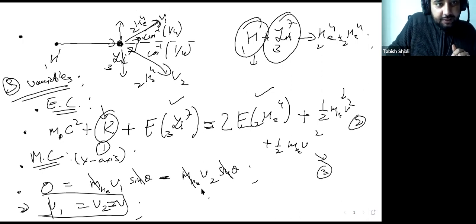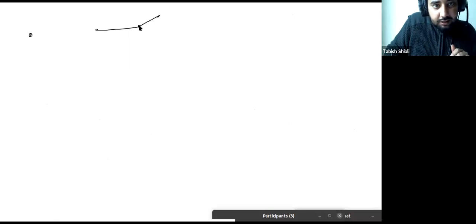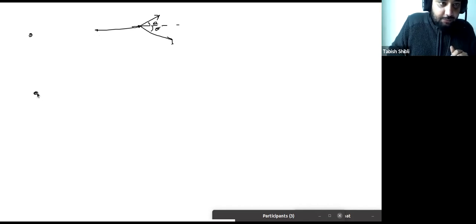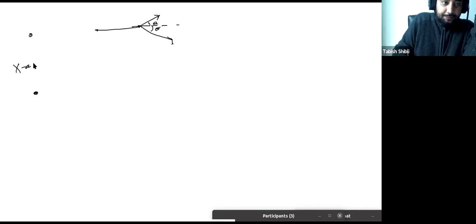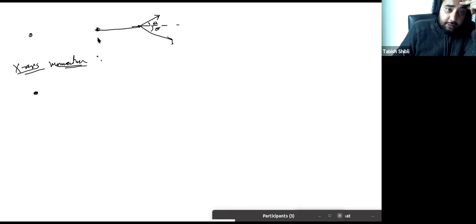Okay, let's clear everything. Let's draw it again. You have theta, theta. Let's see what happens along the x-axis. Momentum. What is the momentum of the hydrogen along the x-axis initially? Well, it's just the mass of the hydrogen, which is the mass of the proton, multiplied by c square.